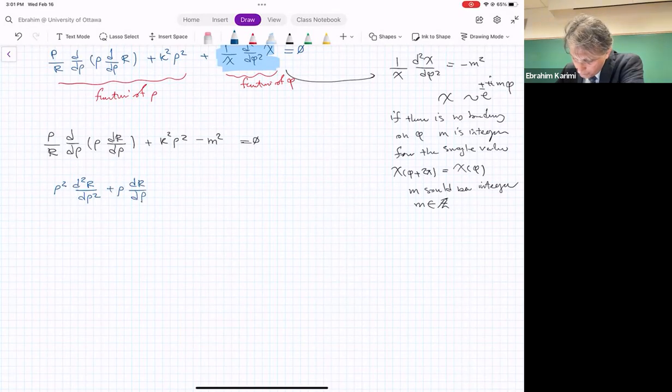I multiply both sides by rho and R capital, then I will get k square rho square minus m square R equal to 0. Do you agree? Perfect.